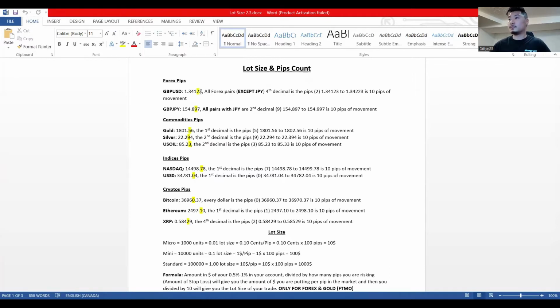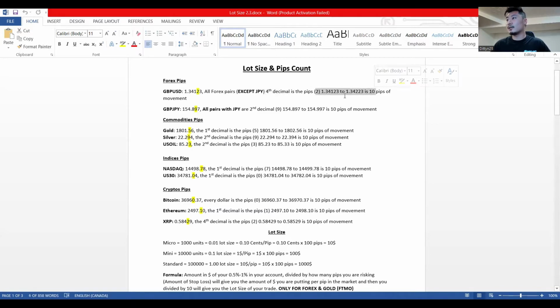And for the forex pairs, I mean major and minor, I don't talk about exotic pairs, the fourth decimal is where you will start to count the pips. So in this case, GBP USD, it can be Euro USD, it can be Euro GBP, it will be the fourth decimal.